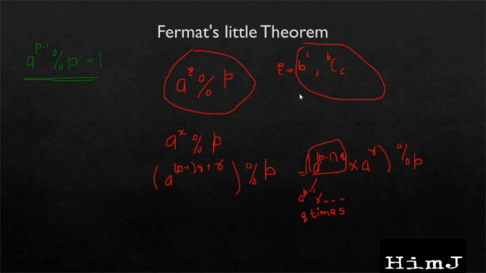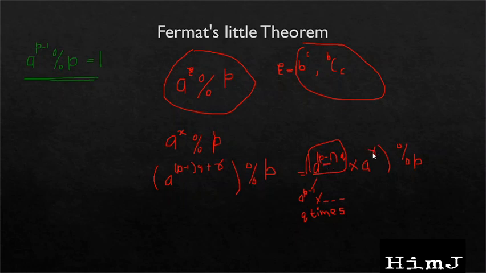So now instead of solving a raised to power this expression, we only have to solve a raised to power r, and this r will always be less than or equal to p minus 2, because remainder r is always smaller than its divisor, which is p minus 1.